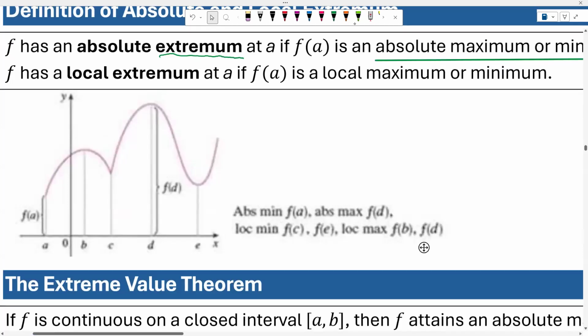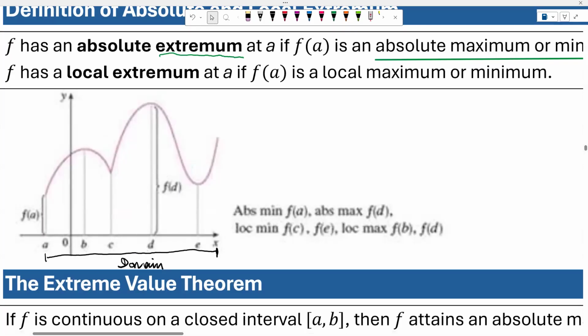So in this case, the domain that I have is from here to here, okay. So this will be the domain of these functions. Within this domain, f of d is the biggest output value.